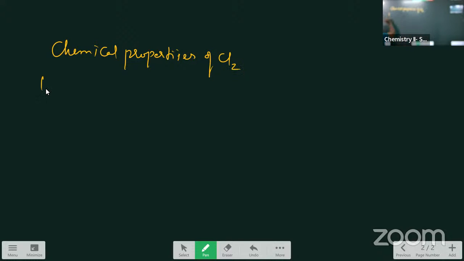The next, chemical properties of Cl2. First one, it will react with iron, Fe. So Fe reacts with Cl2 to give FeCl3. What is Fe? Iron.